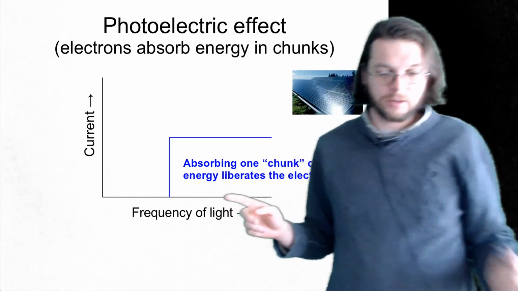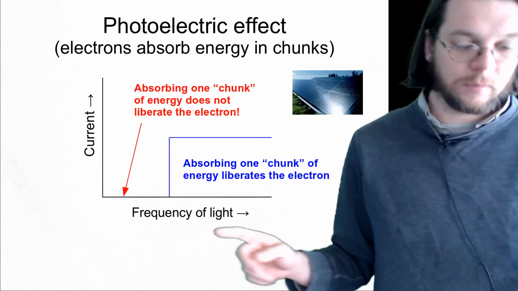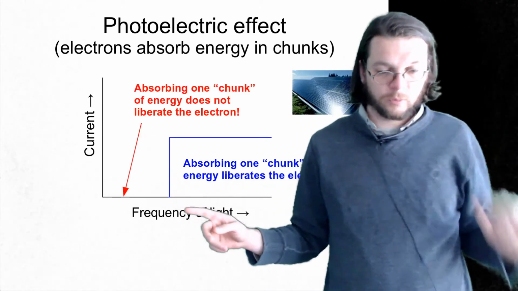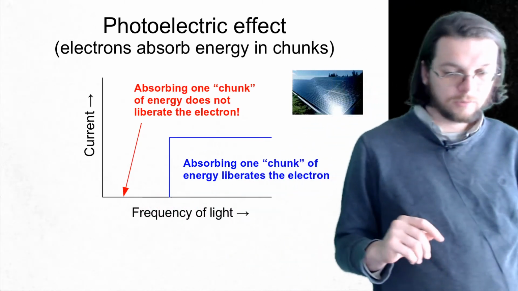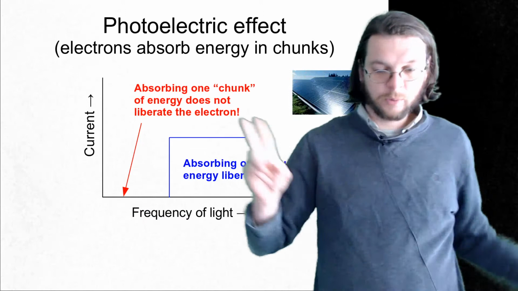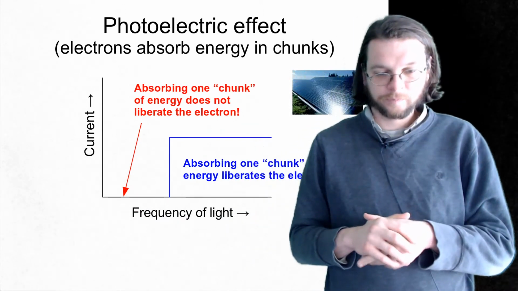And that chunk is energetic enough to liberate the electron from the surface. These electrons also absorb one chunk of energy, but that energy is not enough for it to be able to leave the surface. So the work function of that metal keeps the electrons there.